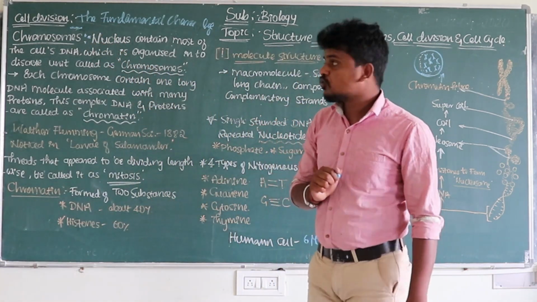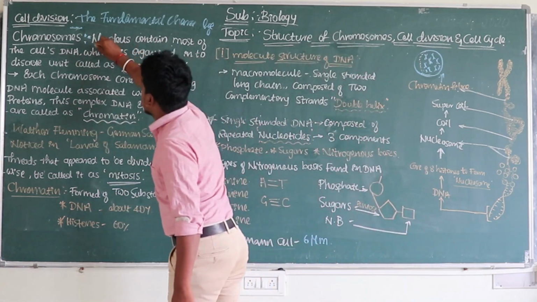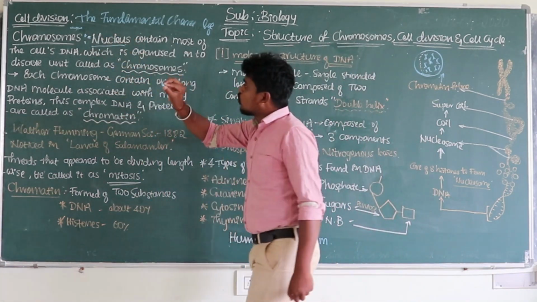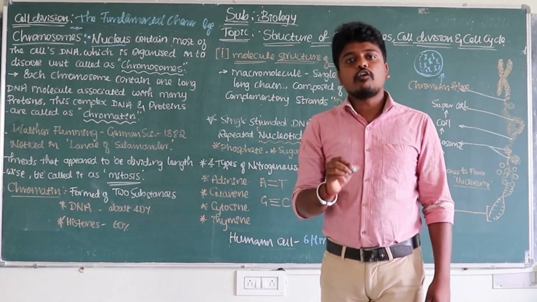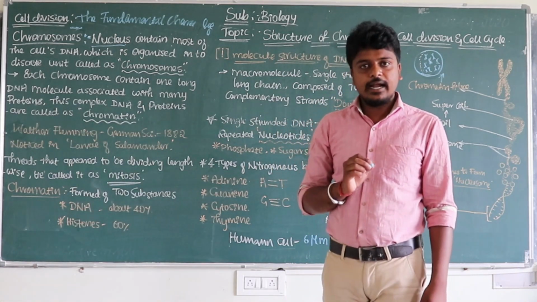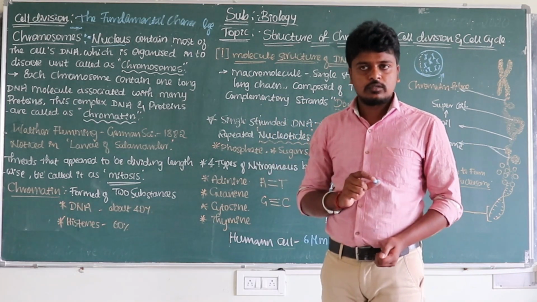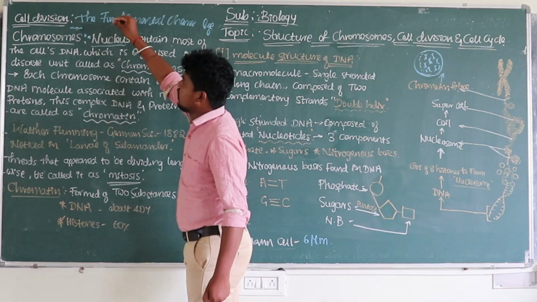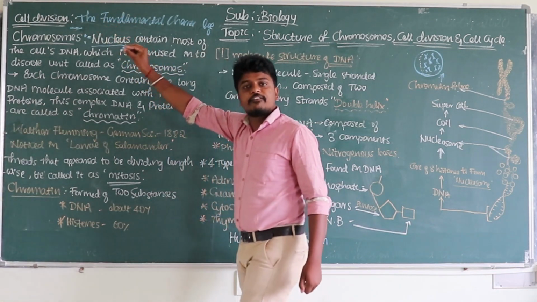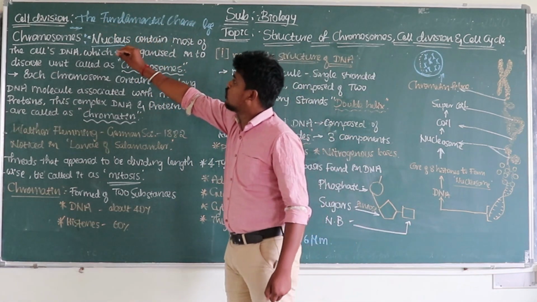Why? What are chromosomes? The chromosomes are present inside the nucleus in the form of chromatin fibers, not directly in the form of chromosomes. Only at cell division, some of the chromatin fibers are converted into chromosomes.